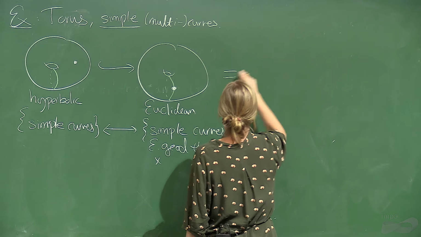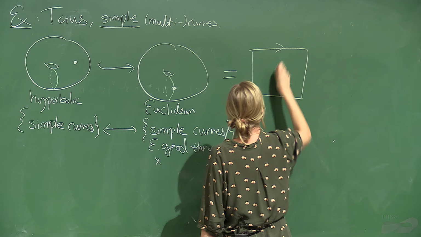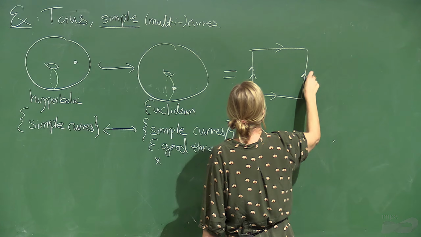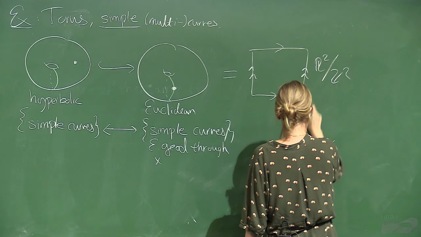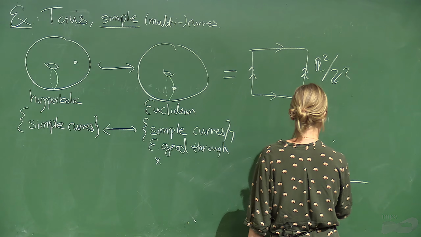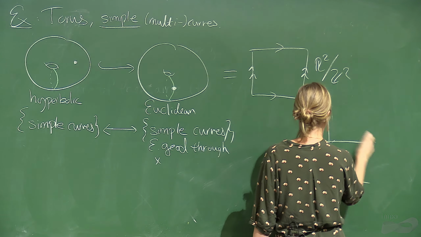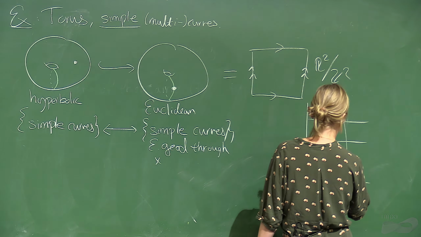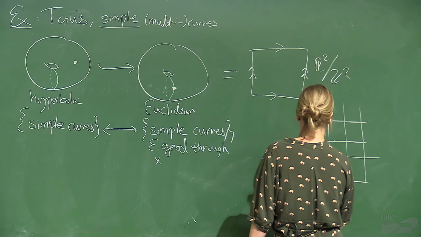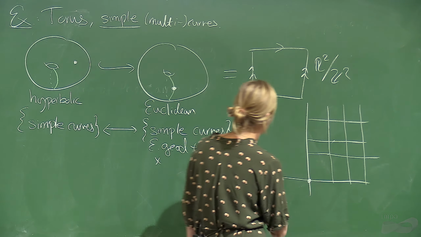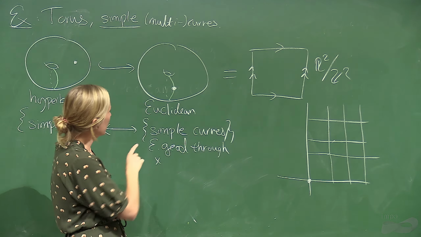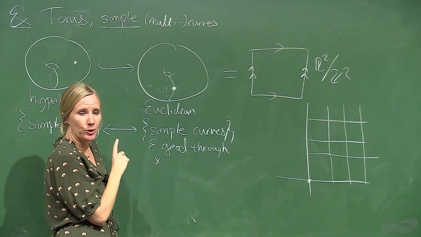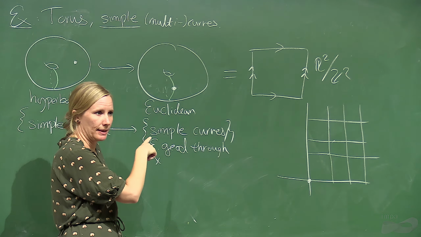So if I think of a torus as R2 mod Z2, in other words, in R2, I have my lattice. And if I think of the origin being what projects to this point, then geodesics on the torus correspond to straight lines in R2.